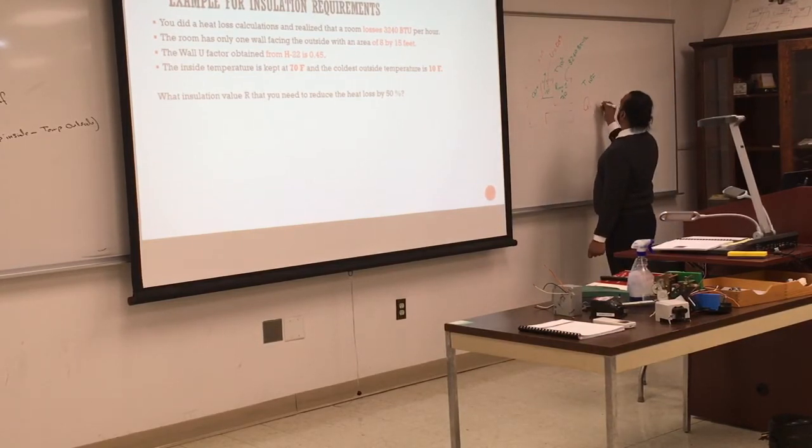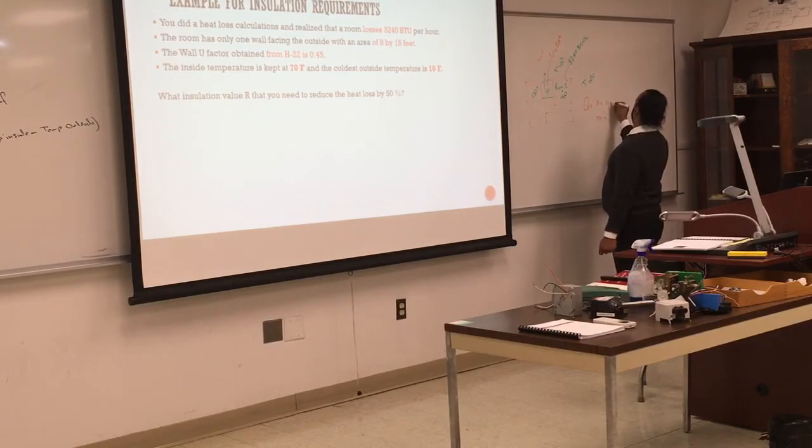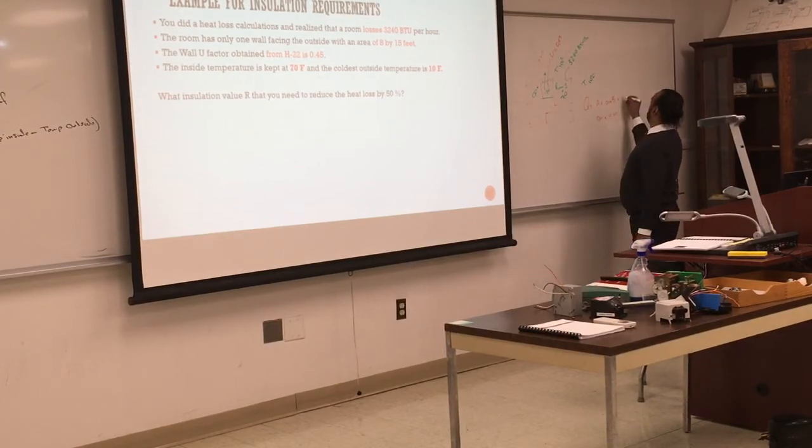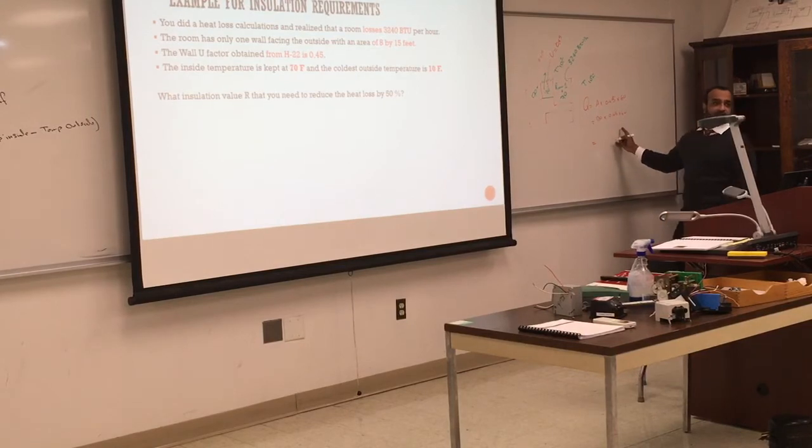We got area. What is 8 times 15? 120. 120 times the U factor 0.45, times 70 minus 10 is 60. Multiply those 3 together.